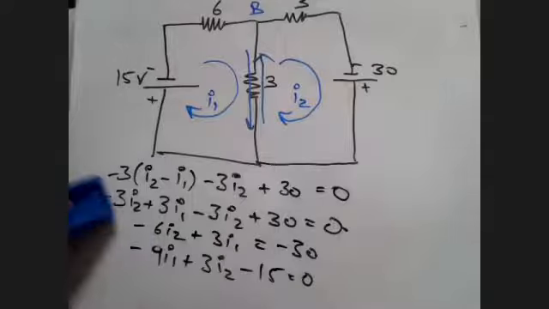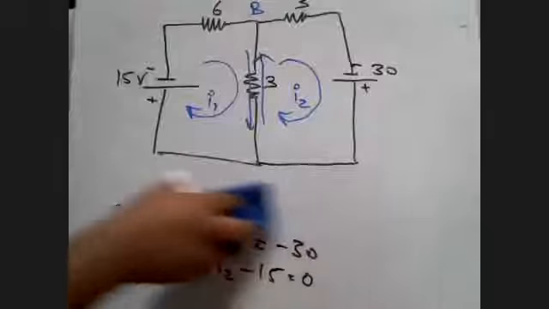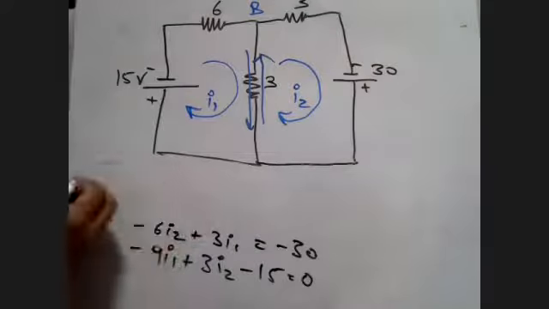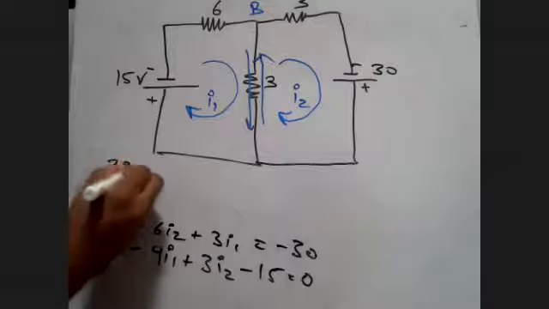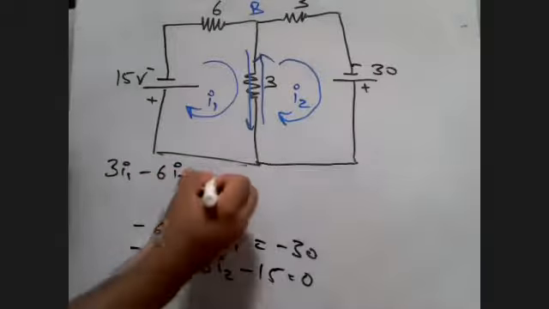If these two are your equations, solve it using simultaneous solution. How will you solve it? You can rearrange these equations. What will you get? Let's start with 3I1 minus 6I2 equal to minus 30.